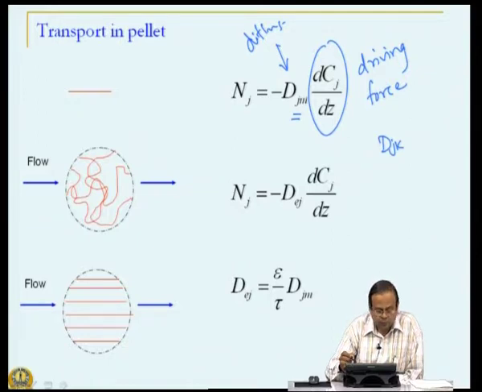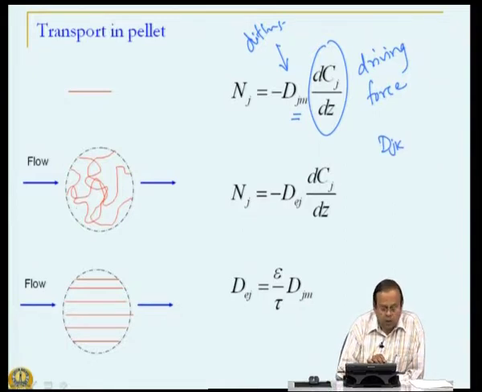However, there are two complications that arise. One, if you look at the flow direction, normal to the flow direction, not the entire surface is porous. So, there are pores. So, some solid, some pore volume.